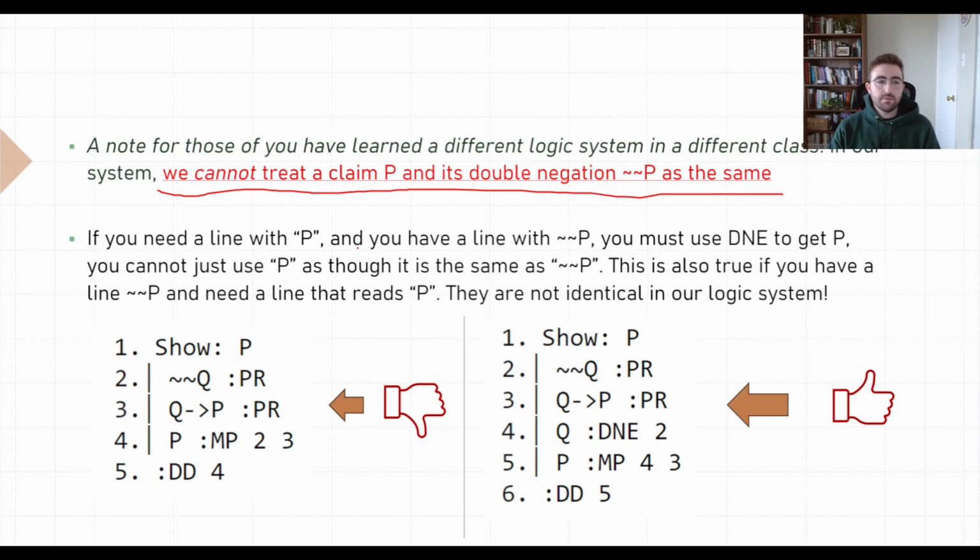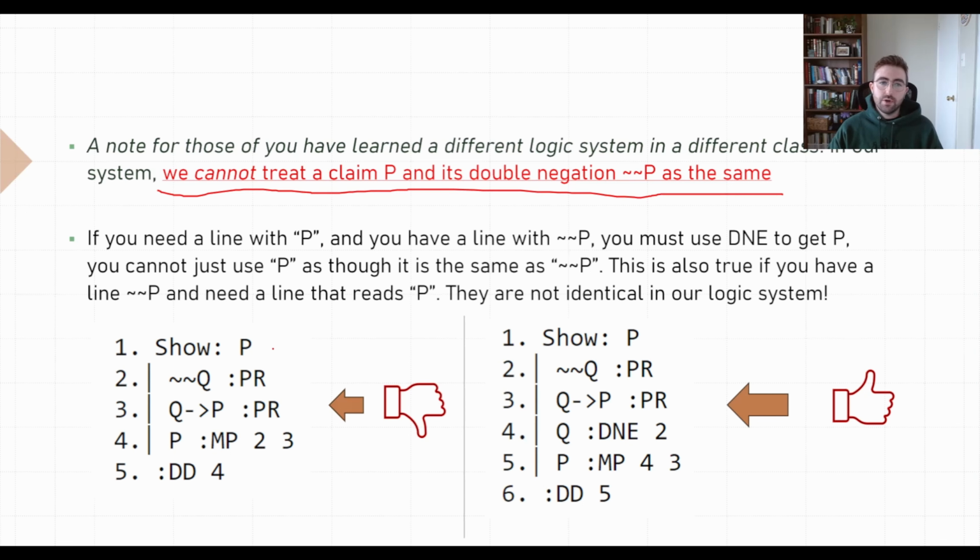If you need P and you have not not P, you have to do a double negation elimination to get P. You can't just treat not not P as P. I know in some derivation systems you can treat them as identical, but in our system, no, you have to do the double negation elimination. You can't use them as if they're the same.